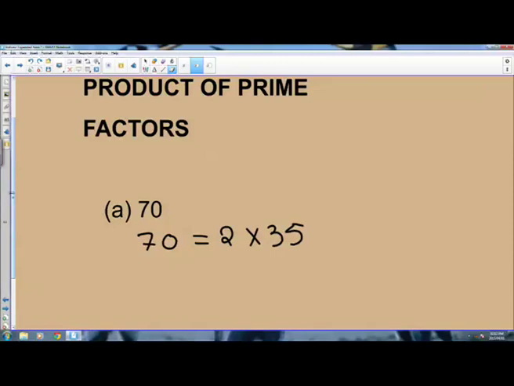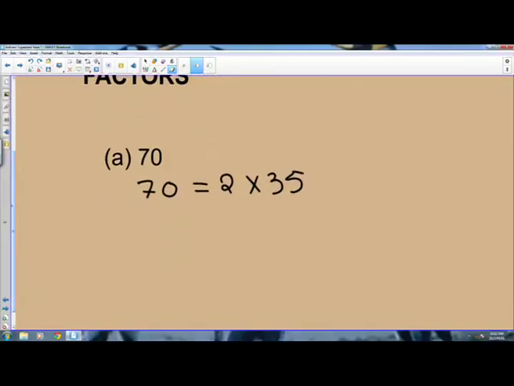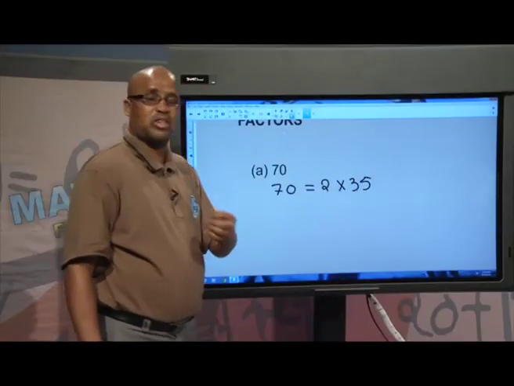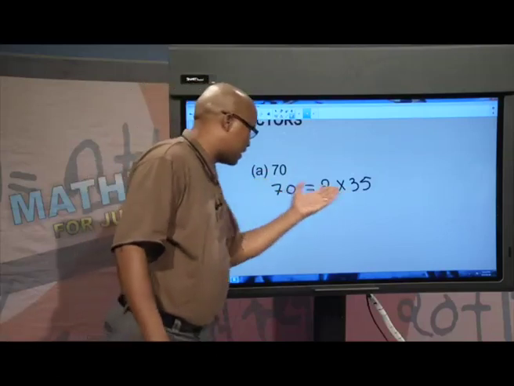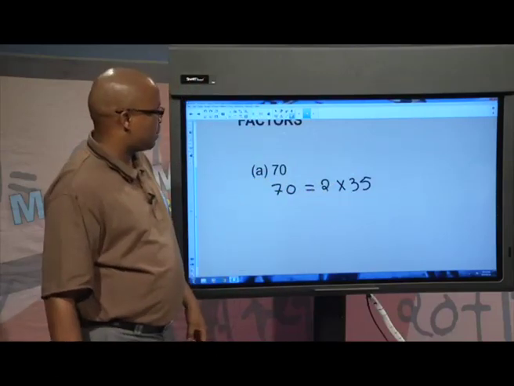Now, we are to express this 70 as a product of its prime factors. Always, we need to check, are your factors prime numbers? When we check, 2 is a prime number. Now, what about the 35? 35 is not a prime number. So we have to go on till a time when all the factors involved are expressed as prime factors.